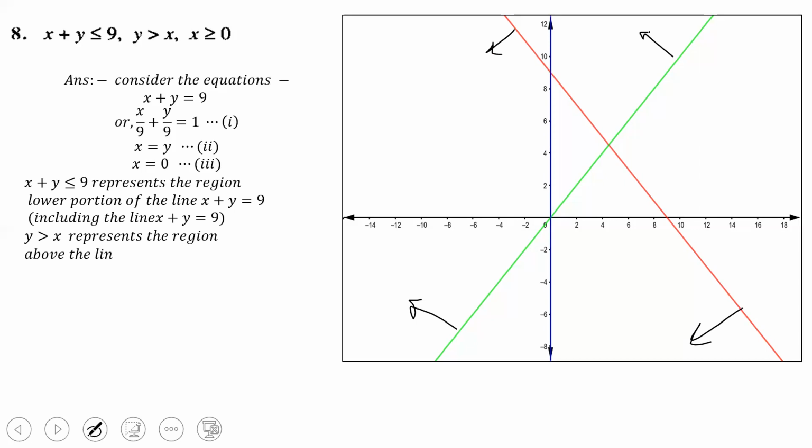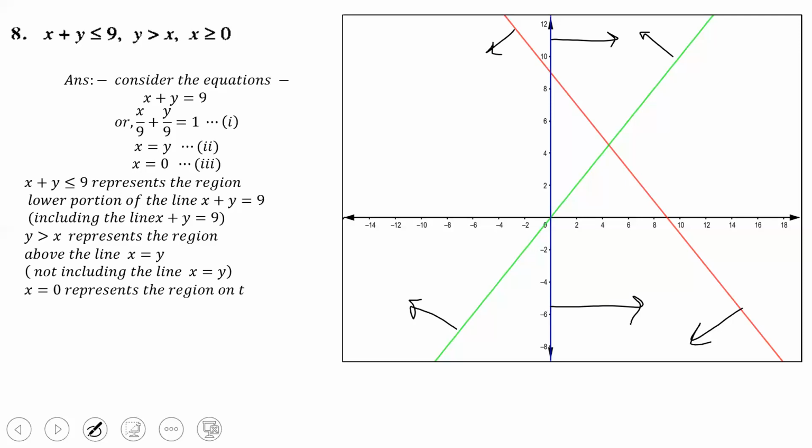Now x greater than or equal to 0 means it will represent this portion, all the positive numbers for x, the right hand side of this y-axis. Okay, definitely including the line in 3 cases, only this case, not including this line, use a dotted line here. Otherwise, in these 2 cases the line x equals 0 and x plus y equals 9 are included.